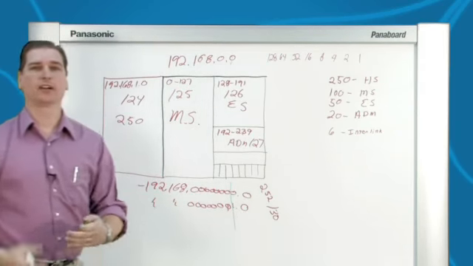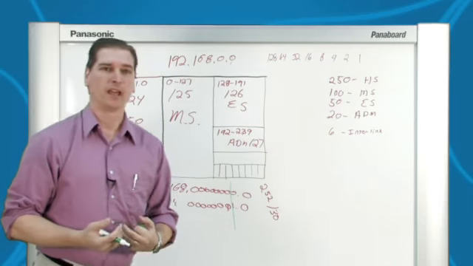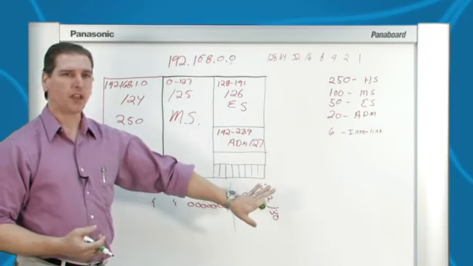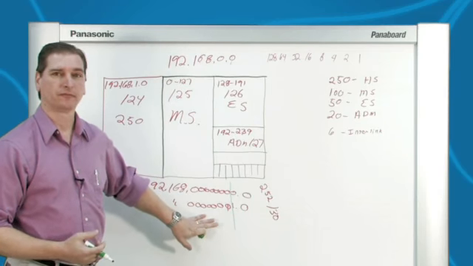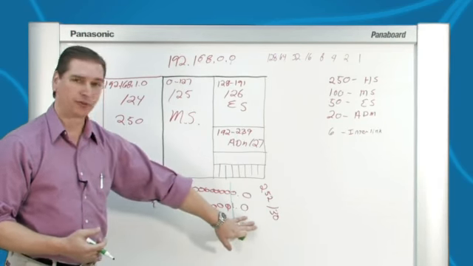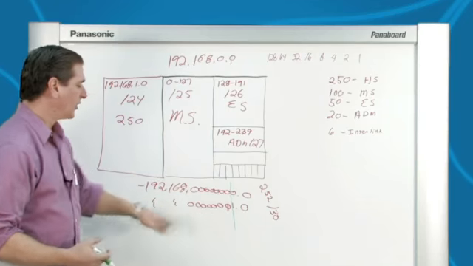At this point right here, our bits start to differ. From here on out, everything belongs to the school. This becomes our address space, okay? Host space, address space, we can go through.